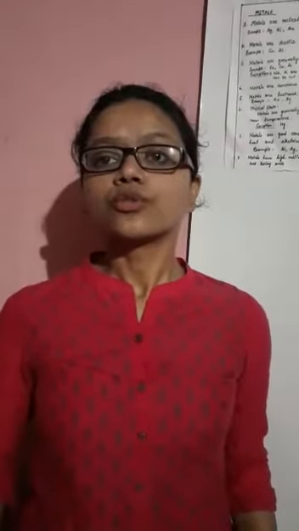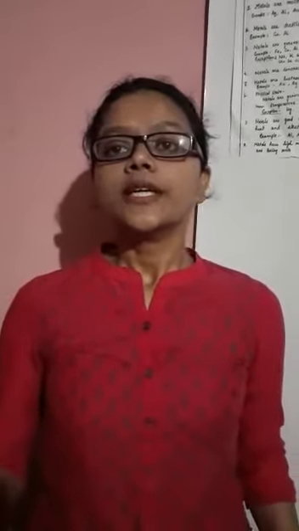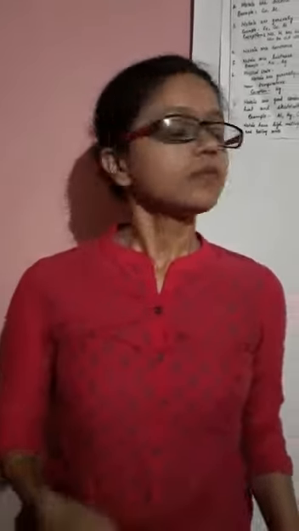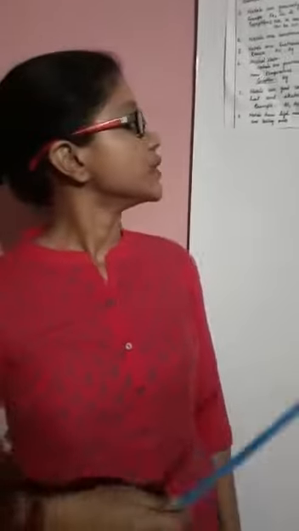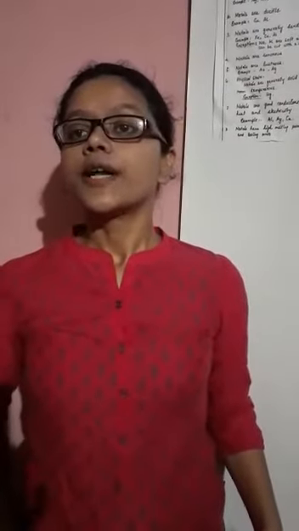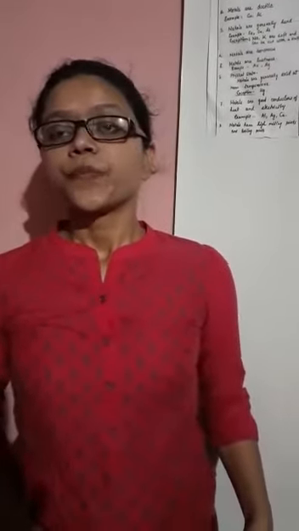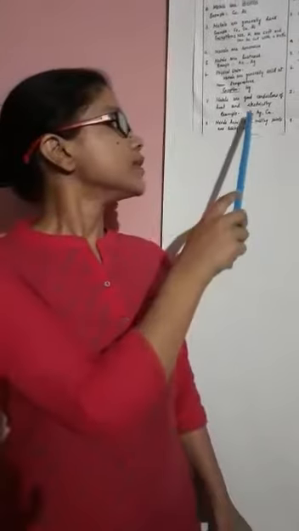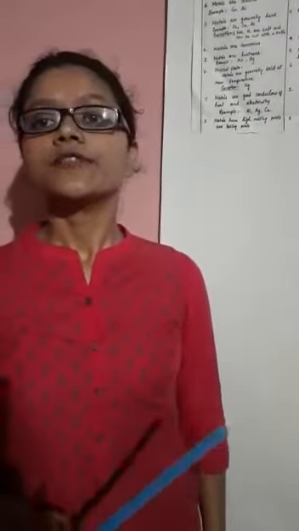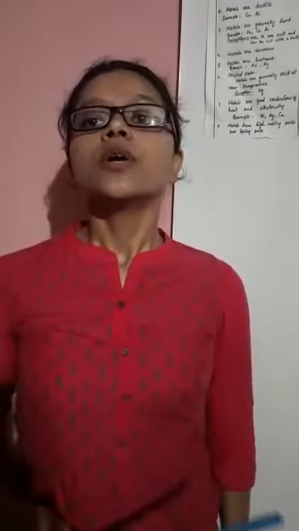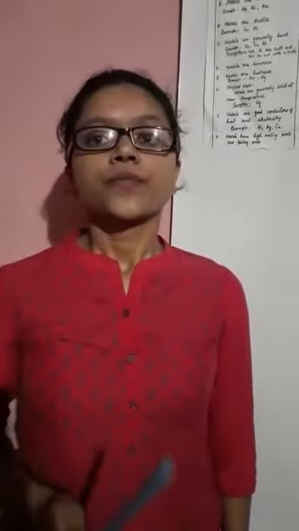And moreover, metals are also good conductors of electricity because metals have free mobile electrons which constitute electricity and conduct high electricity. Example, silver is the best metal for conduction of electricity, but silver is highly expensive, so we use copper in electrical wires.